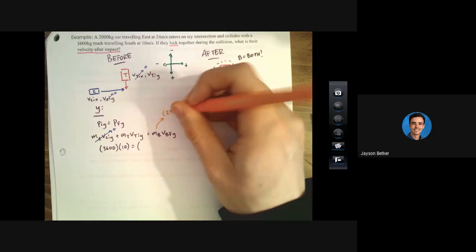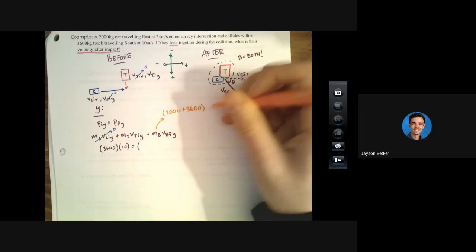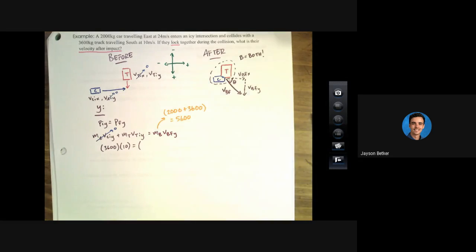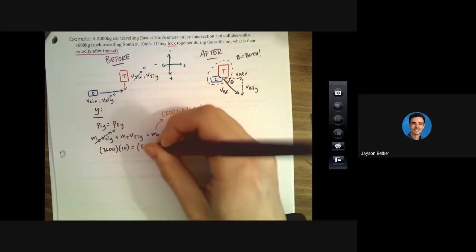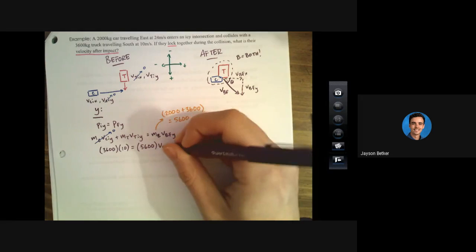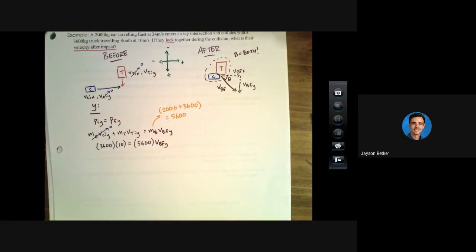We just have to add up the mass of the truck and the mass of the car. So this is just 2,000 plus 3,600. Okay, and that is 5,600. So 5,600 multiplied by, well, that's what we're trying to find. We're trying to find the y component of the final velocity of both of them together.